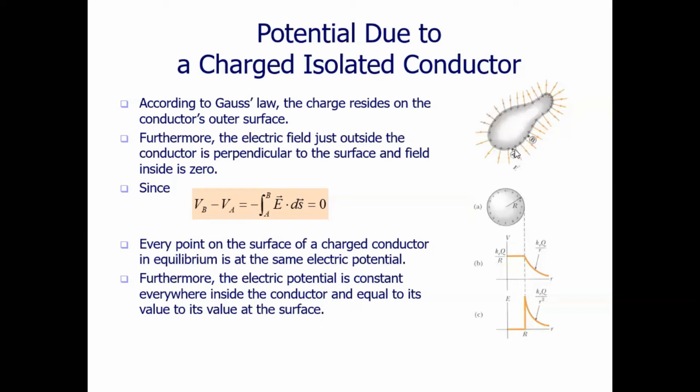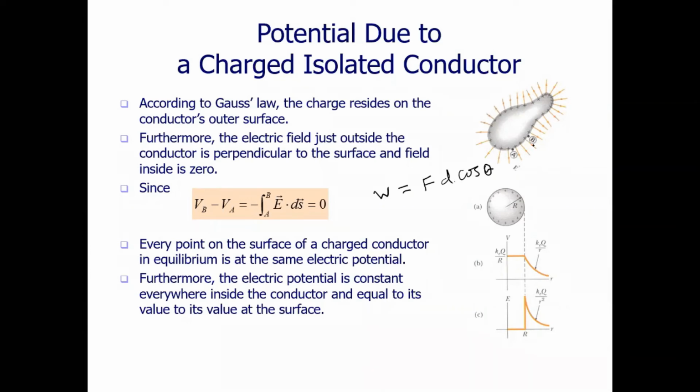So what is the potential from point A to point B? You see, at every point, the path is perpendicular to the electric field. So remember what we had discussed about work. We said that work was equal to the force times the displacement times the cosine of the angle.